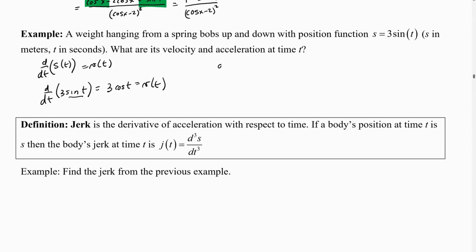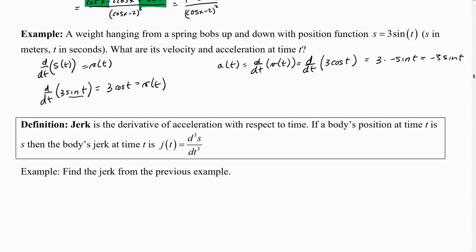Well, what about acceleration? Acceleration is the derivative with respect to time of velocity, which in this case is the derivative with respect to time of 3 cosine t, and that's equal to 3 times negative sine of t, or negative 3 sine t.